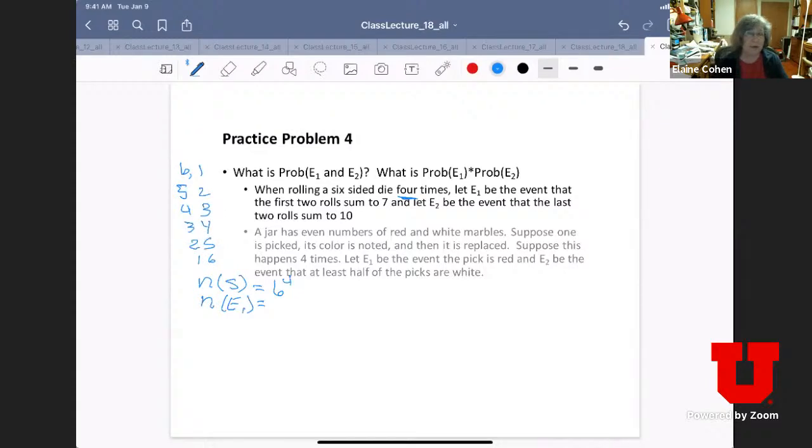Remember, here order matters. We're keeping track of the order that it was rolled. So how many do we have here? We have 1, 2, 3, 4, 5, 6. So we have n of E1 is 6.